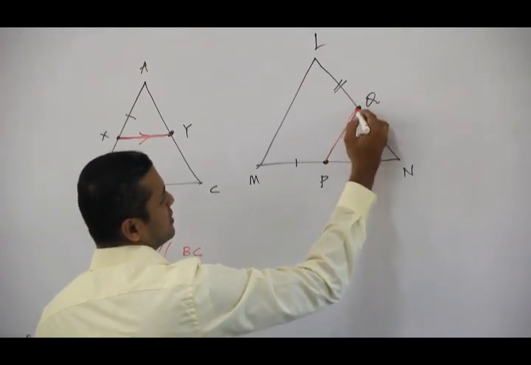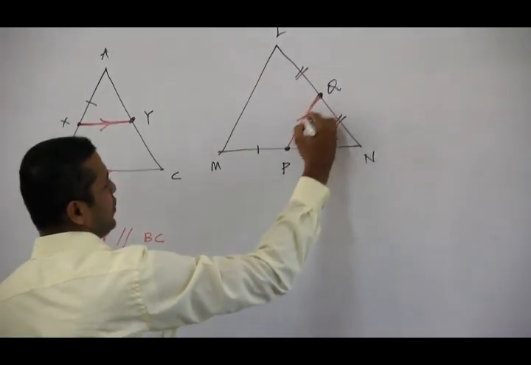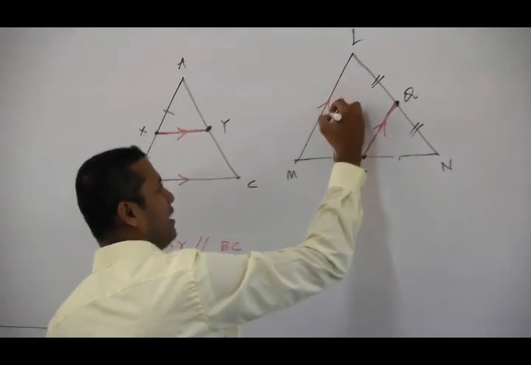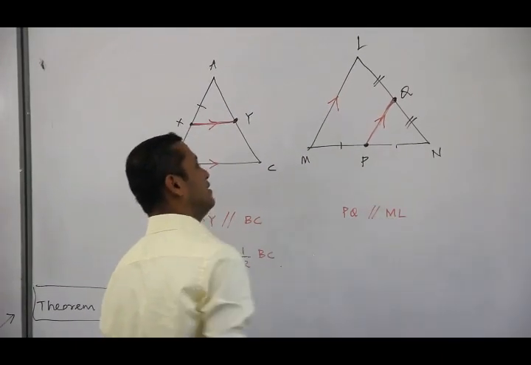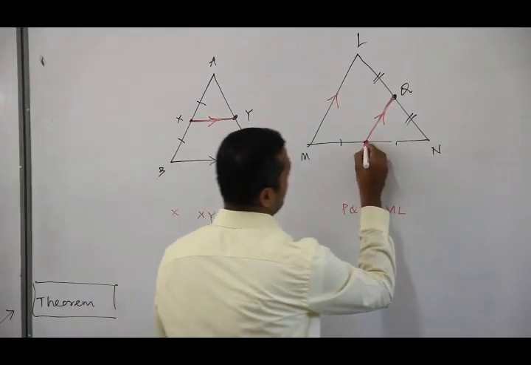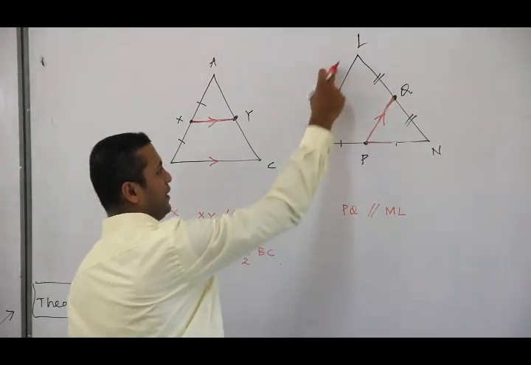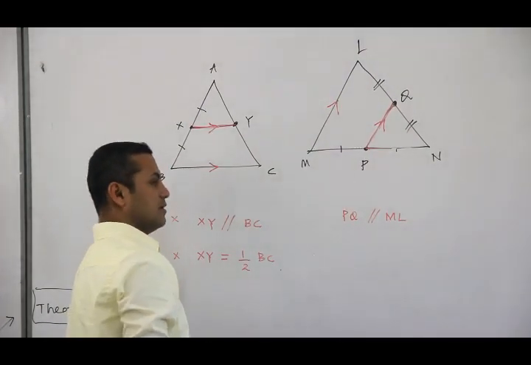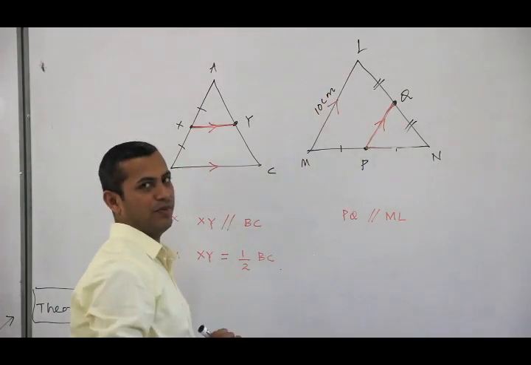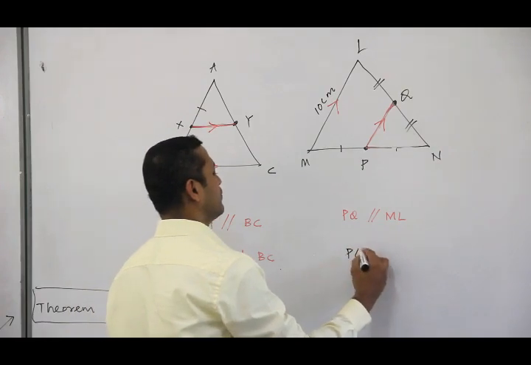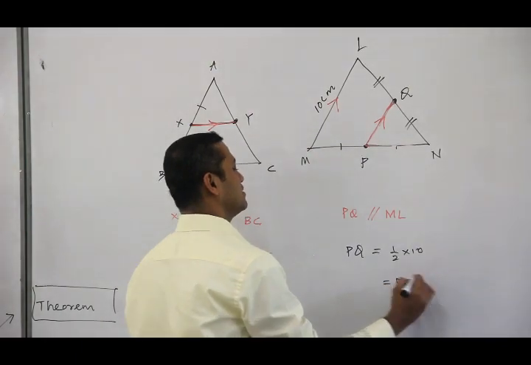The theorem says PQ is parallel to ML, and PQ is half of ML. For example, if this is 10 centimeter, what will be PQ? PQ is equal to half into 10, then 5 centimeter. That's it.